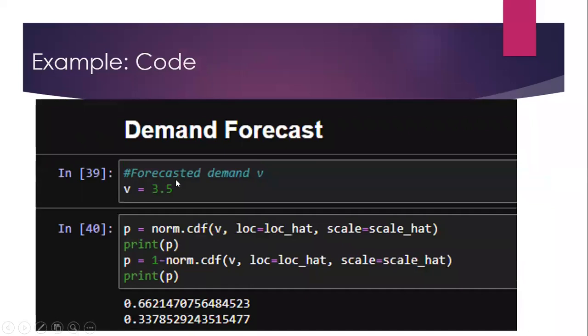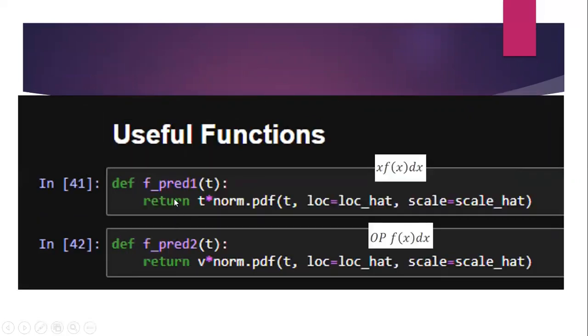Then we code the important functions. These two functions are f_predict_1, which is nothing but the multiplication of the probability density function and the demand, and f_prediction_2, which is nothing but the multiplication of the order point, denoted as v, and the probability density function.